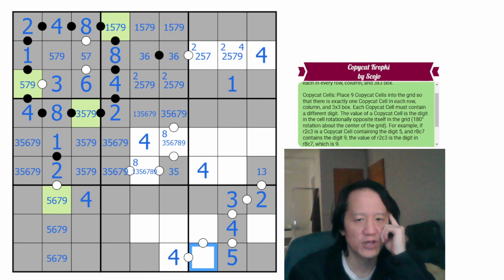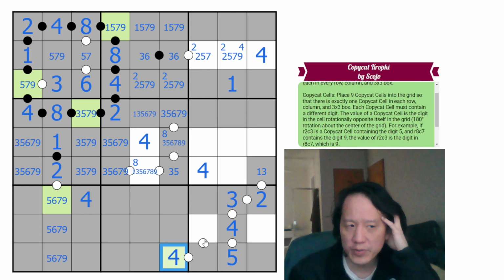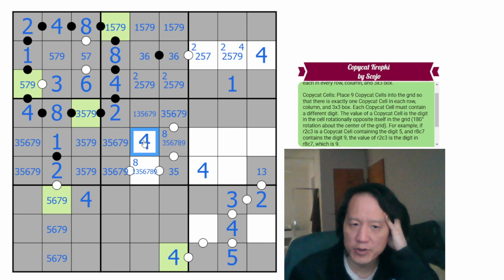So this cannot be the copycat, which forces this to be the copycat, which means you can't have any other one in the column or box to have the same copycat. Therefore, one of these two is a copycat, but it can't be that one because it's not 4, as we already have a 4.